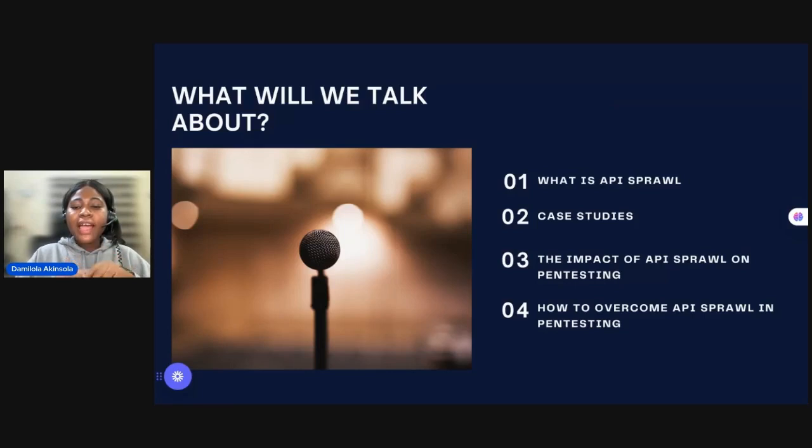Then we're going to look at the impact of API sprawl on pen testing. Of course, we need to know what impact it has on our pen testing engagement. Then finally, we're going to also look at how to overcome API sprawl in pen testing. I'm not going to dish out the negativity about API sprawl and just leave you hanging.